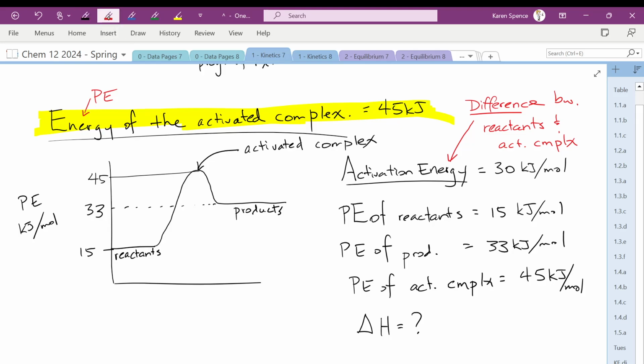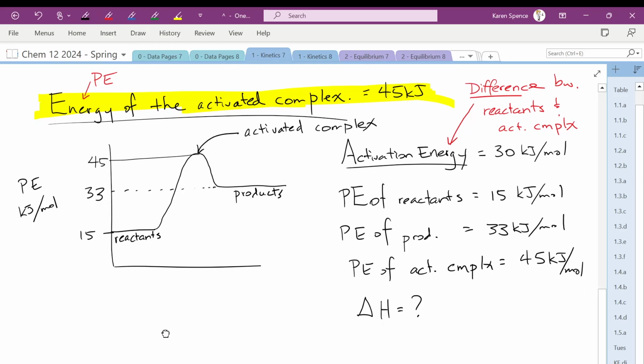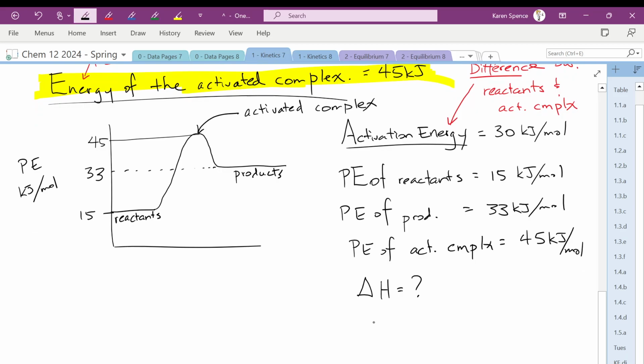So where do we measure delta H from? Where do we start and where do we finish? Yeah, delta H is equal to the potential energy of the products minus the potential energy of the reactants, right? It's the difference, and you can do it visually or you can do it mathematically.